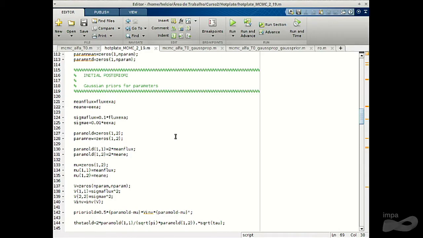And I'm assuming that the effusivity has a standard deviation of 1% of this value, and the flux has 10% of this value. So I'm kind of calibrating the sensor.